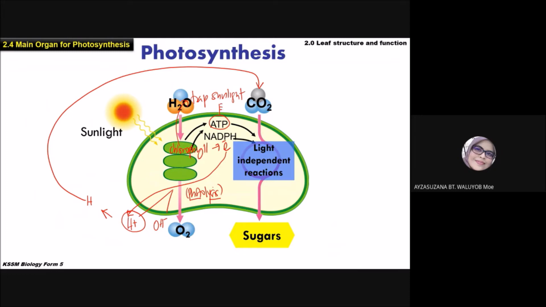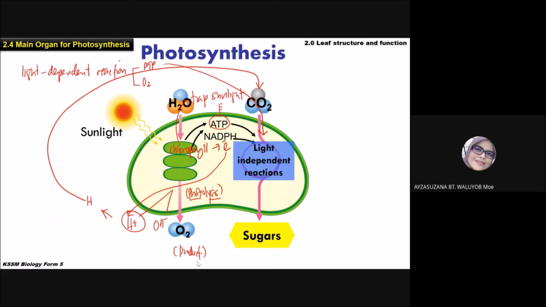So, during the light dependent reaction, okay, they will produce ATP that using in the light independent reaction and also produce oxygen ion. So, oxygen is the product of the light dependent reaction.